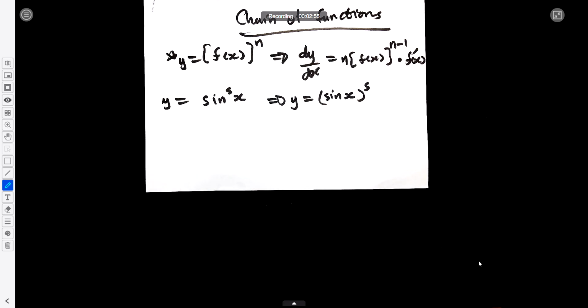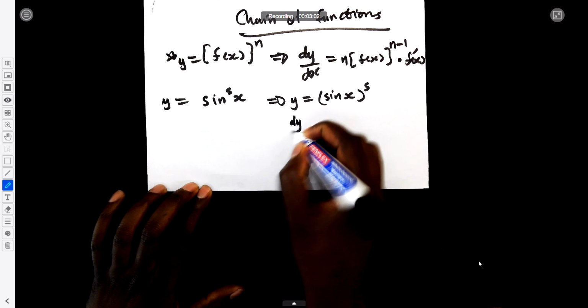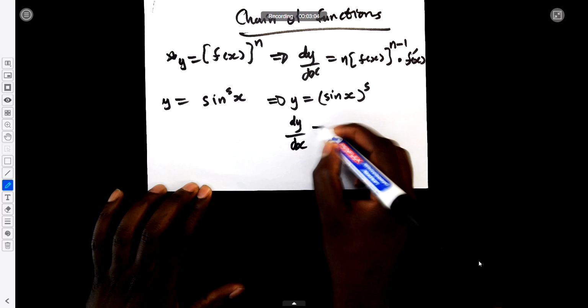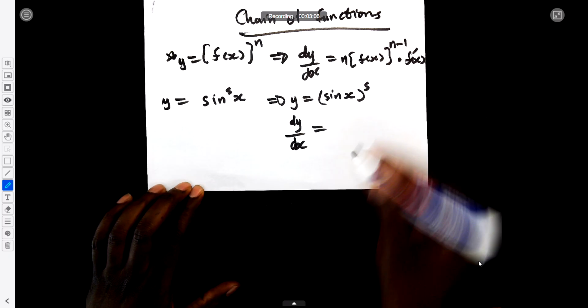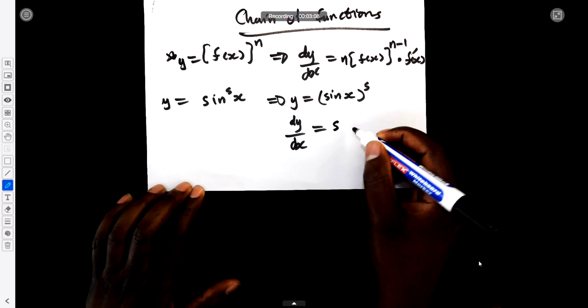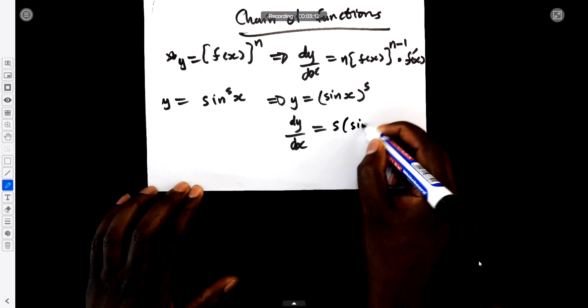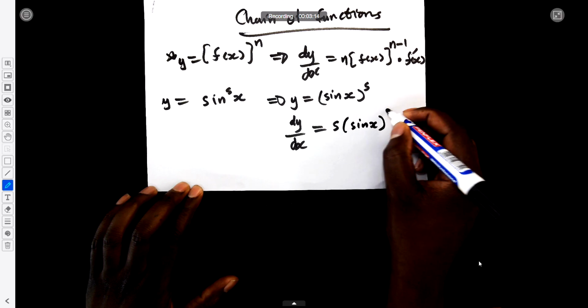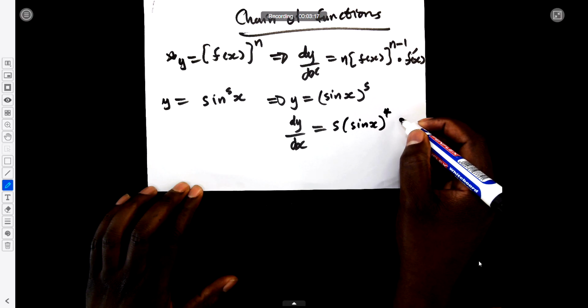Here we have to apply the power rule, and we need to apply trigonometric functions. So let us differentiate: dy over dx is going to be equals to, we'll multiply the bracket of sine, which is going to be 5 times sine x all in all to the power of 4, subtract 1 from the exponent.